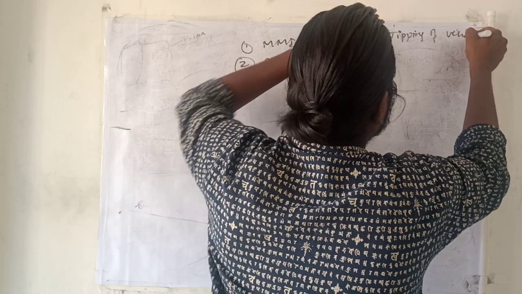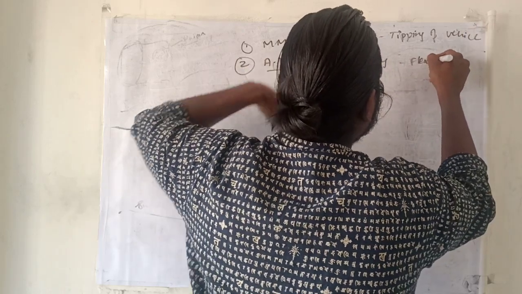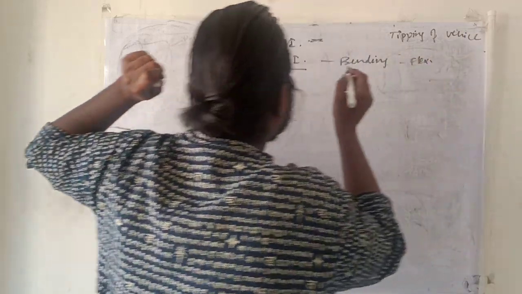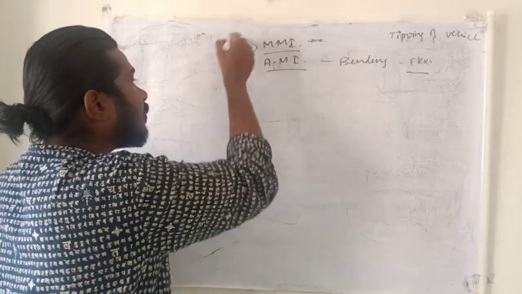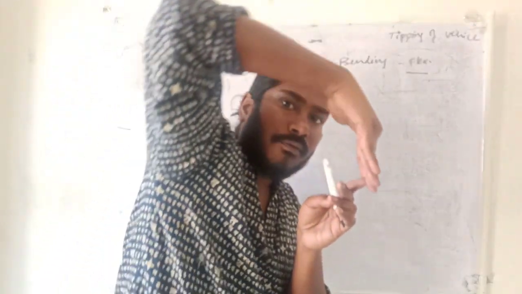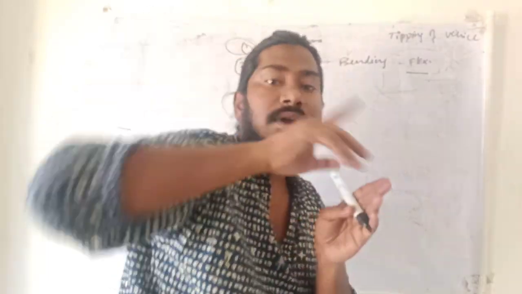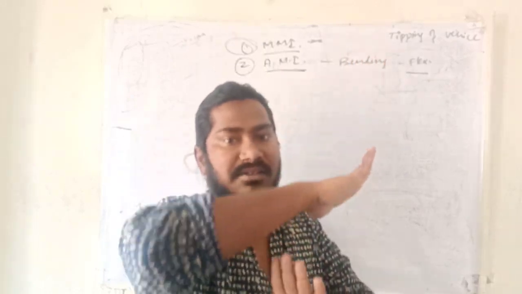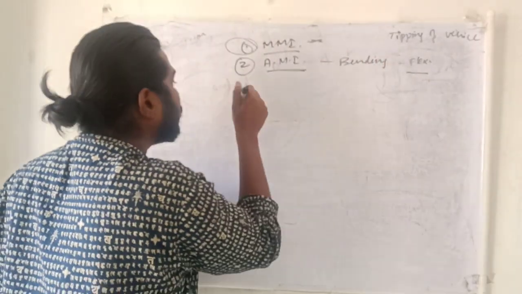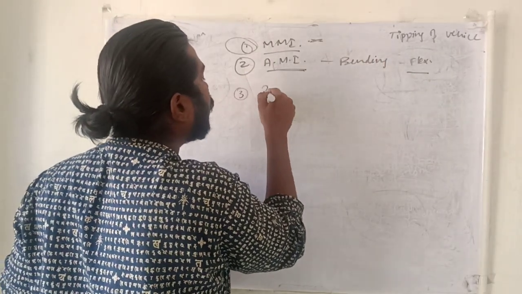Here I can say the flex inside the vehicle. In tipping, the complete vehicle tips off, and in flex, your vehicle bends down. Third is the polar moment of inertia.